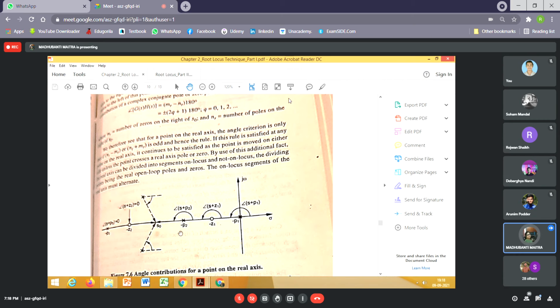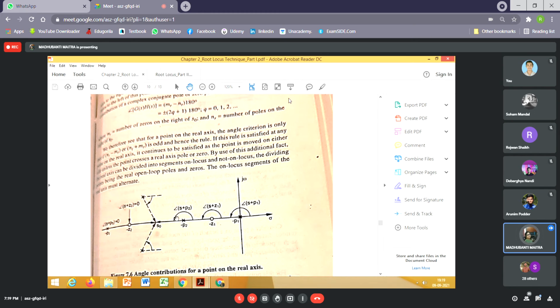Now, after constructing all these phasors, we see that at this trial point, the open loop poles and zeros which are lying to the right of this trial point are contributing an angle equal to 180 degrees. This particular pole is contributing an angle of 180 degrees at this trial point.